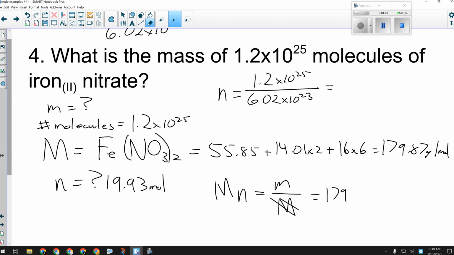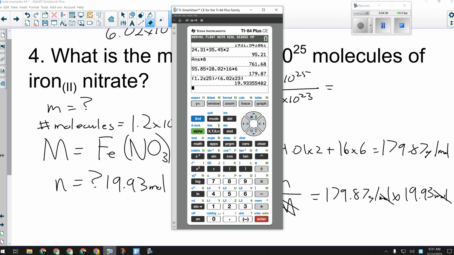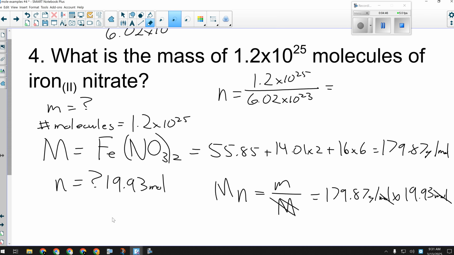So 179.87 grams per mole times 19.93 with all the decimals that are in my calculator, moles. The moles will cancel and I'll be left with grams. 3,585.45 grams would be my final answer there.